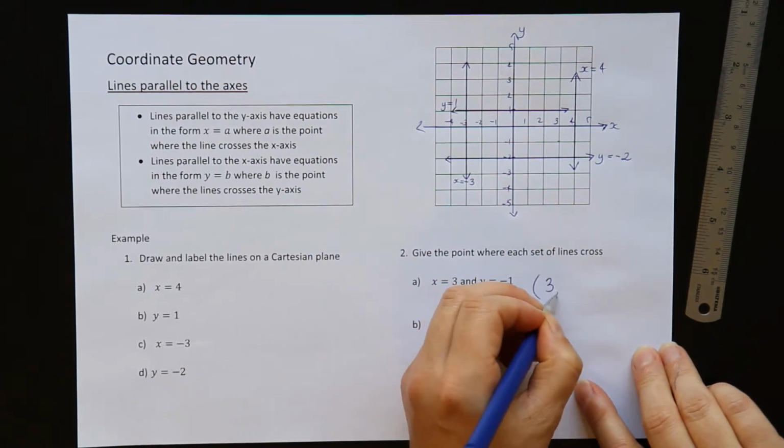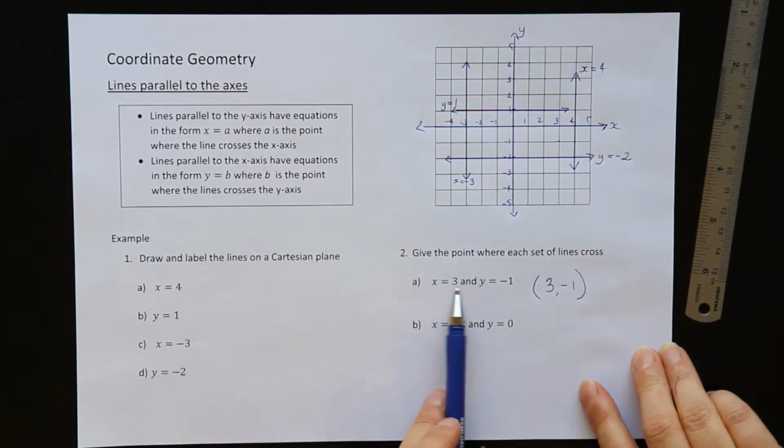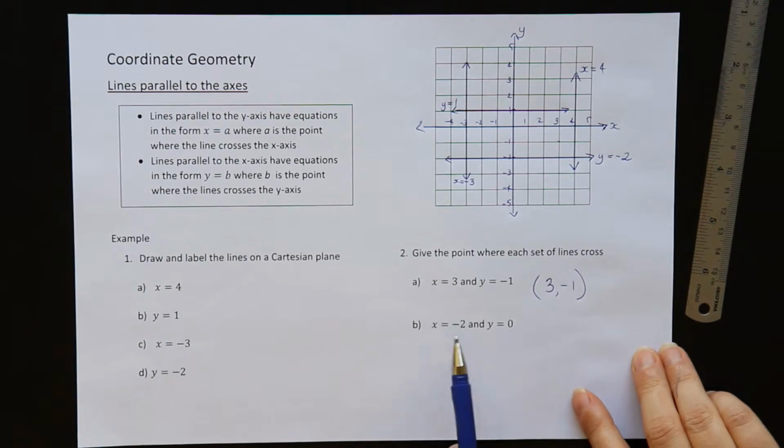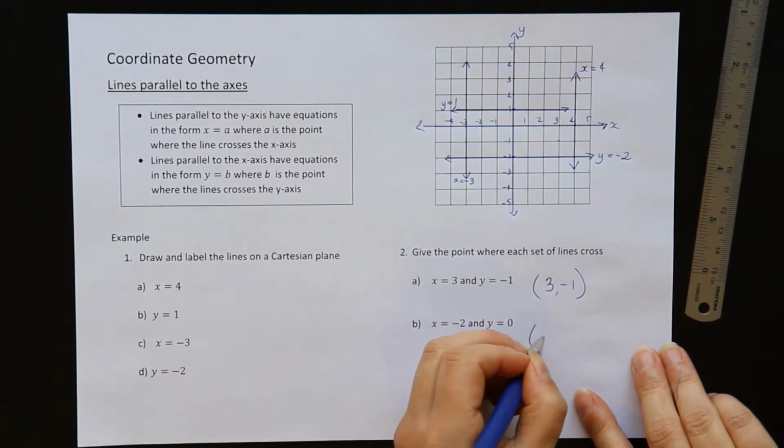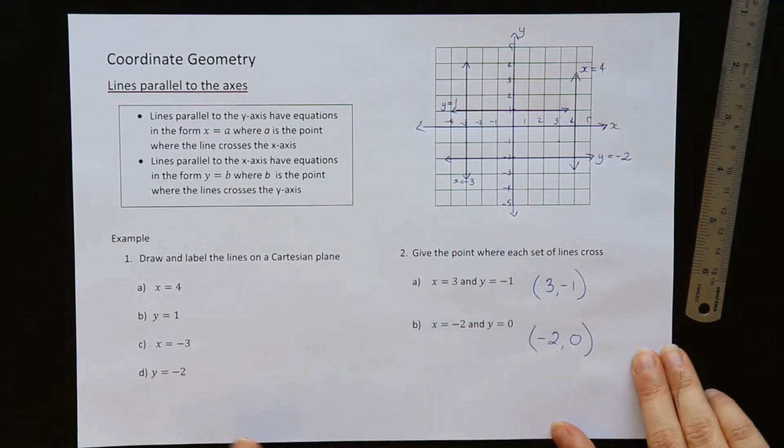So x is 3 and y is negative 1, which you can see are the numbers that were given in the question. So you can probably guess for B here, if x is equal to negative 2 and y is equal to 0 are my two lines, they're going to cross at negative 2, 0.